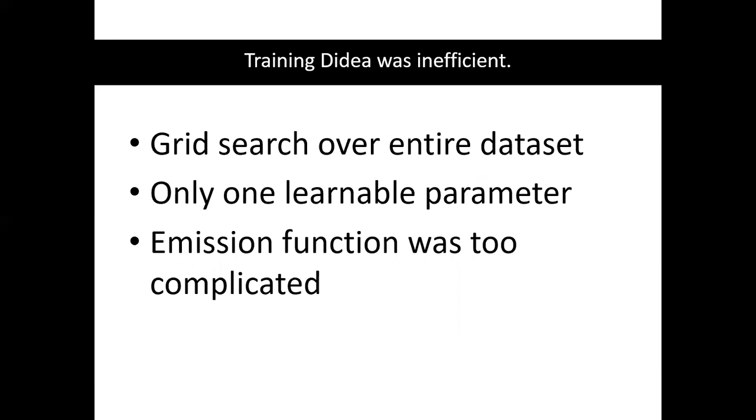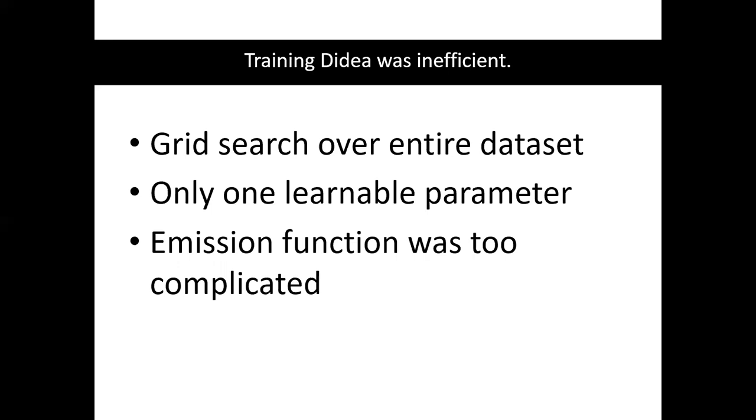All of these training inefficiencies stem from the fact that the emission function used was extremely complicated. I won't show it, but effectively, it did not allow any type of theoretical characterization or any type of global convergence analysis.